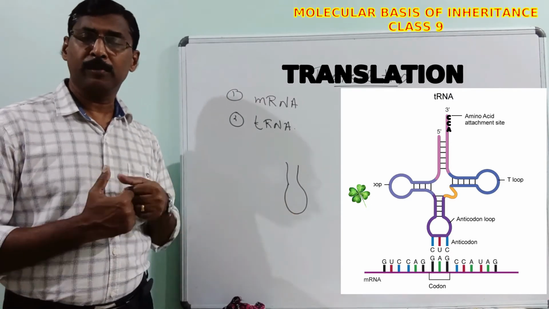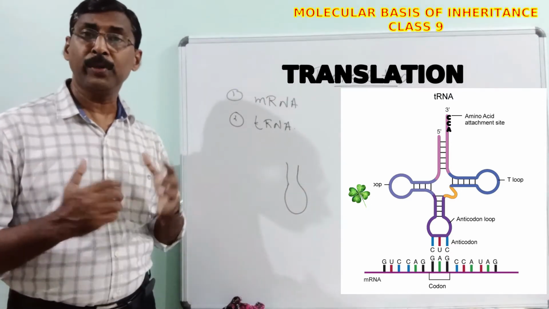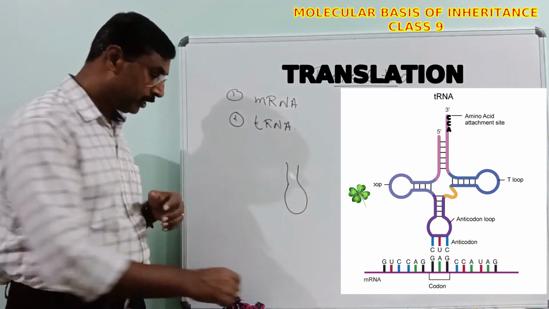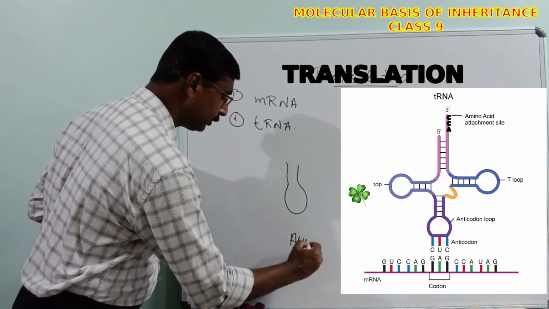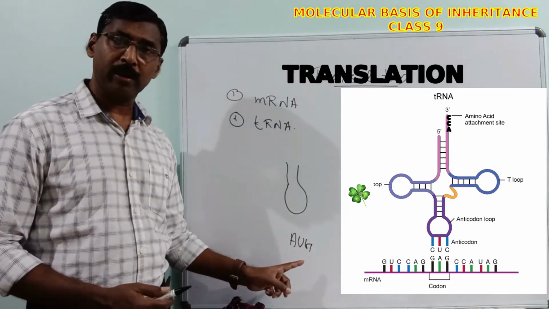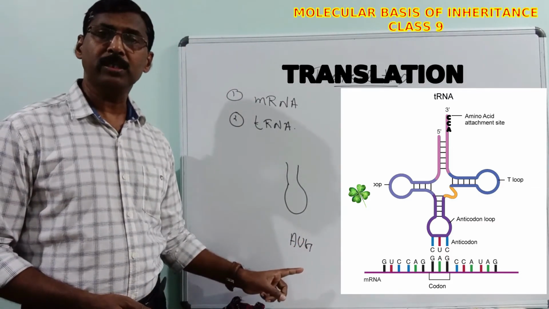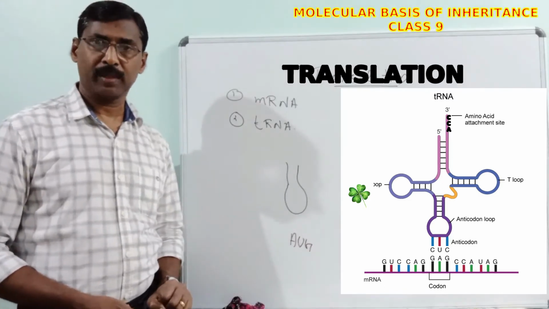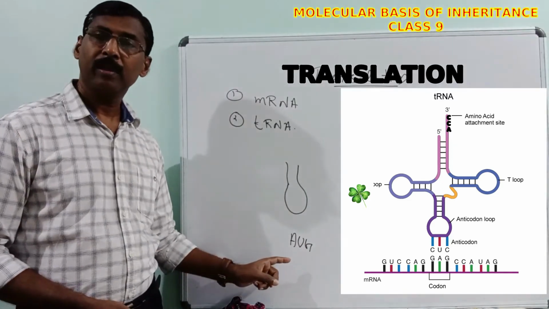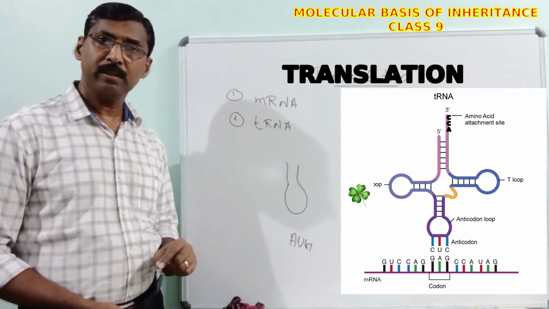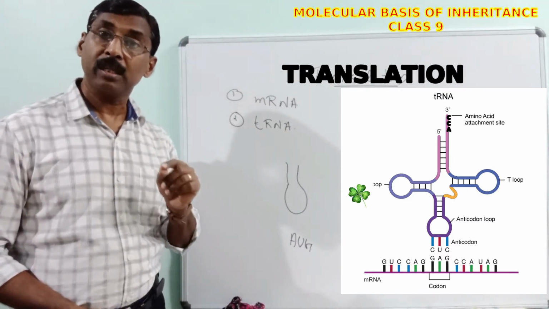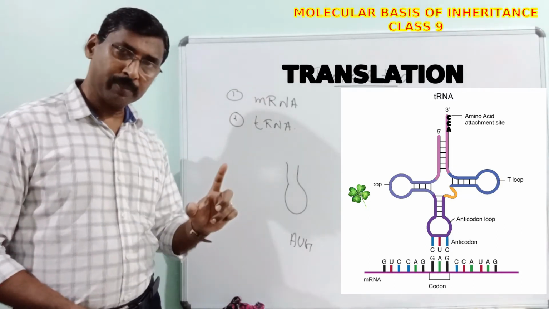So methionine, for example, the code for methionine is AUG. We know that the code for methionine is AUG. What is the specialty of this codon, AUG? AUG is also the start codon and it represents methionine. Methionine is the initiator amino acid and the code for methionine is AUG.